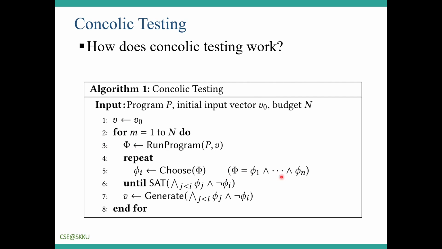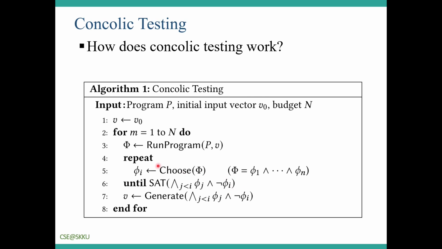at line 5. So from lines 4 to 6, the algorithm selects a branch condition, negates this branch condition, and feeds the resulting path condition prefix to an SMT solver to find a satisfiable solution.